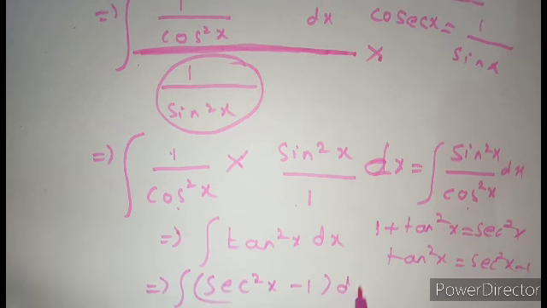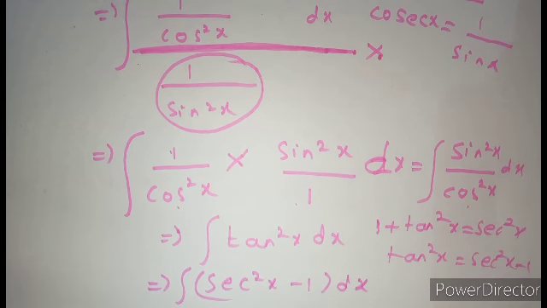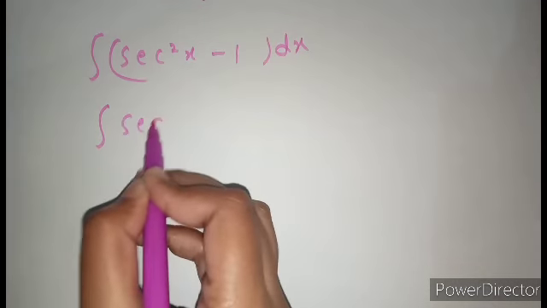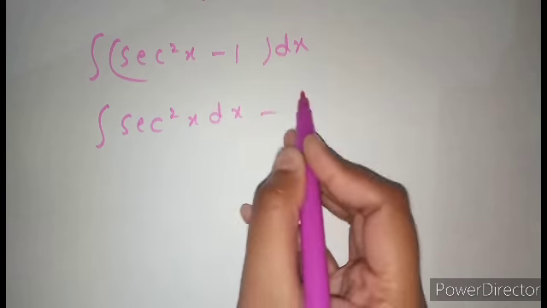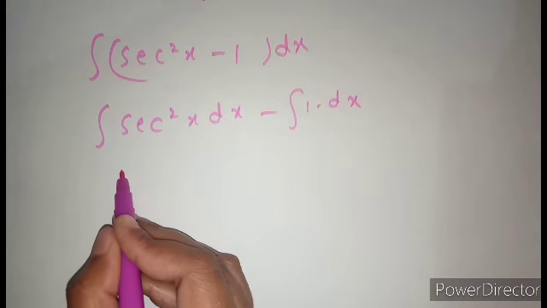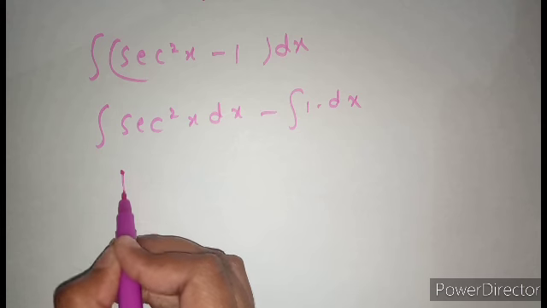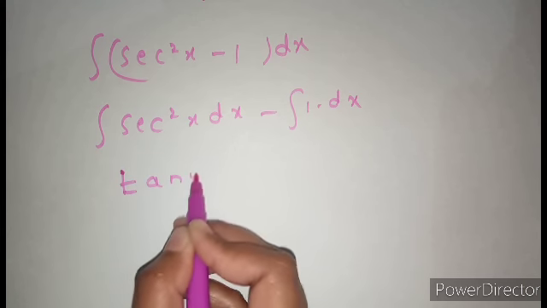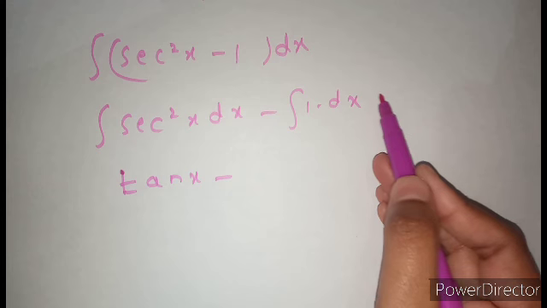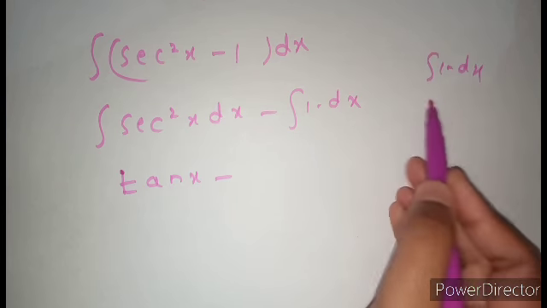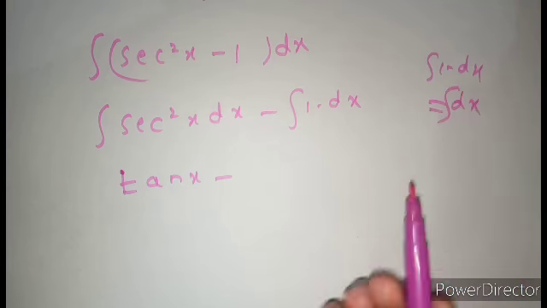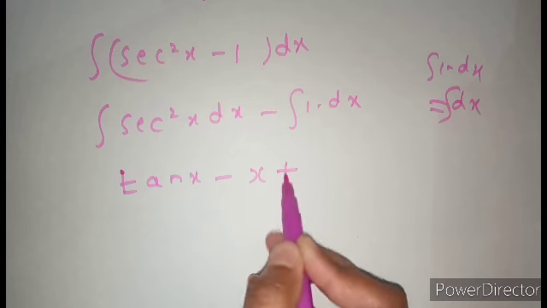Now split this: integral of secant square x dx minus 1 into dx. Integral of secant square x is tan x, okay, tan x minus, I have already told you, 1 into dx is dx, integral of dx is x plus integration constant c.